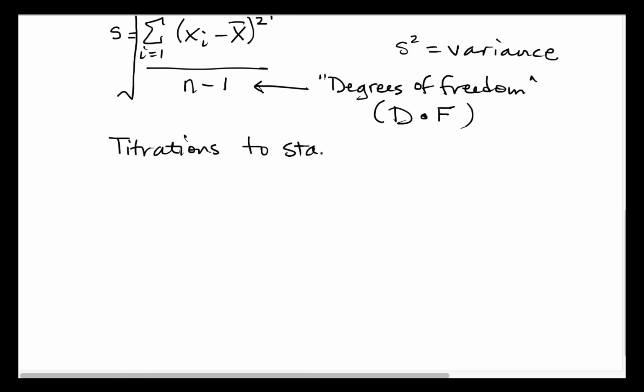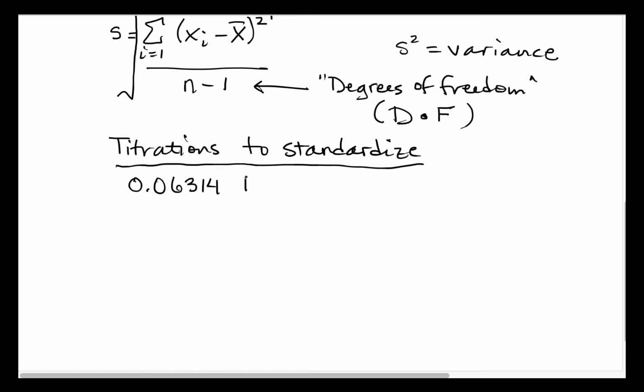When we standardize a solution, we're comparing our unknown solution to a known, a standard, to figure out what the real concentration is. So let's say that we did a bunch of titrations, and so now we have a bunch of data.